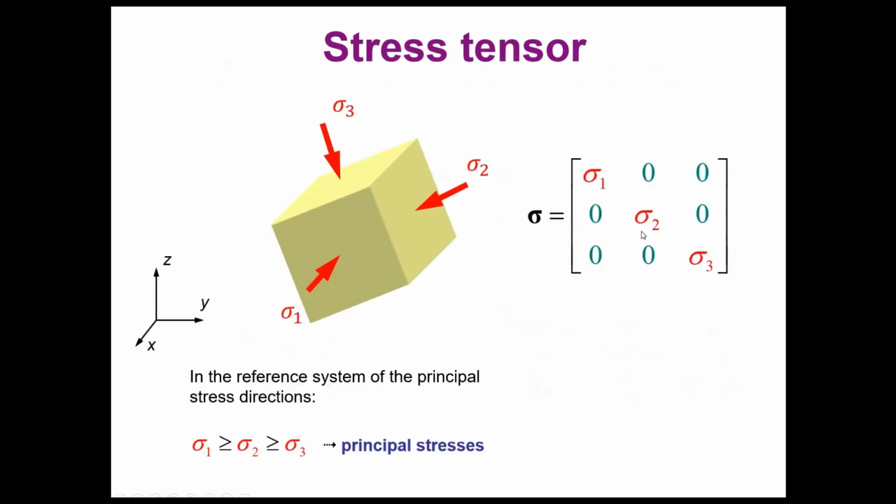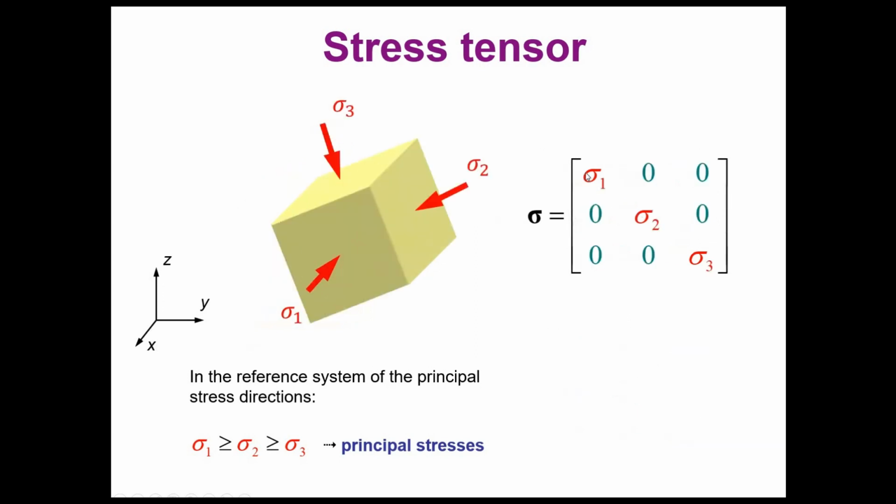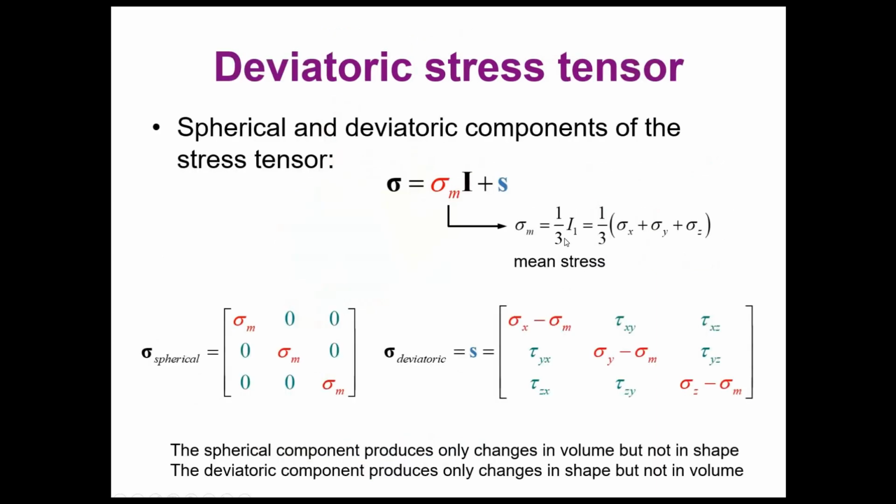If you have a stress tensor like this, the summation of sigma x, sigma y, and sigma z is equal to a number that is equal to the summation of sigma 1, sigma 2, and sigma 3, because independently of the orientation you give to this cube, the summation of this diagonal is the first invariant of the stress tensor, and is actually the first invariant of the strain tensor as well. So the summation of the diagonal of any tensor at any point of your structure or soil is a constant. This is very useful for some applications.